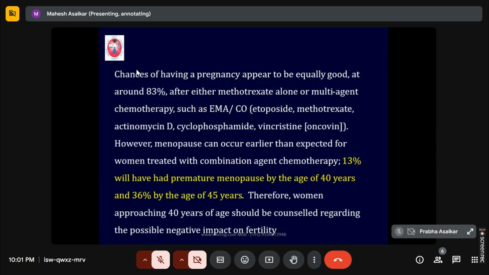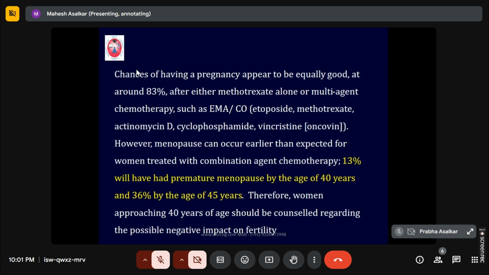Now, chances of having a pregnancy appear to be equally good at around 83% after either methotrexate alone or multi-agent chemotherapy such as EMA-CO, that is etoposide, methotrexate, actinomycin D, cyclophosphamide, vincristine, that is Oncovin. So a fairly high chance of conception, around 80% is the subsequent pregnancy rate.